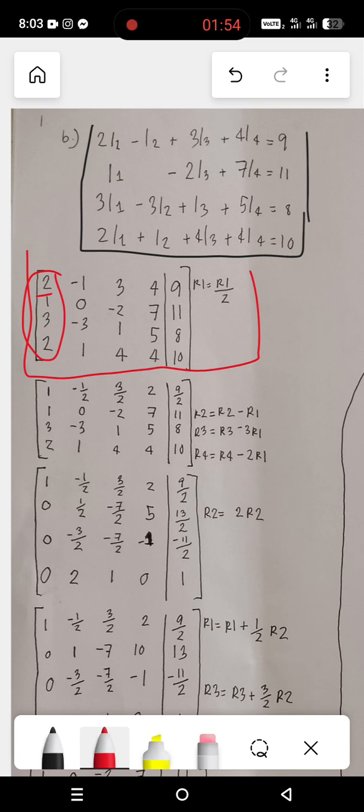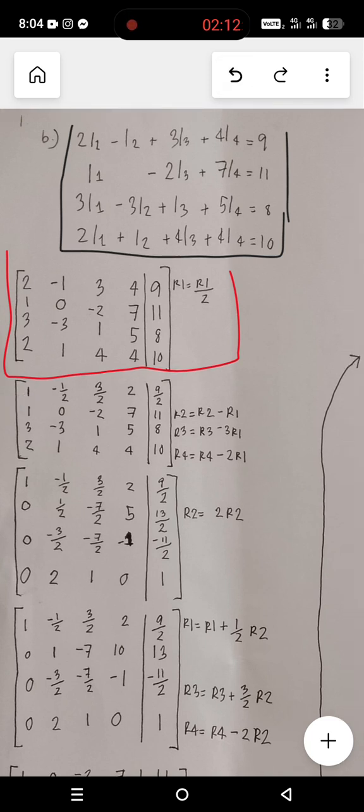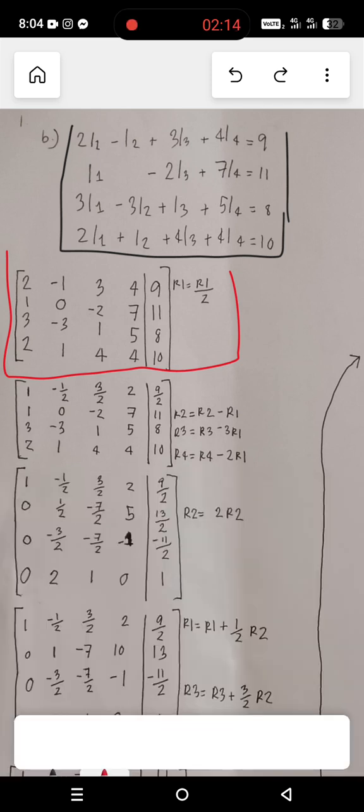In order to do that, we must divide all values in row 1 or R1 by 2, which is why we have these values. First, 2 divided by 2 is equal to 1. Negative 1 divided by 2 is equal to negative 1 half. 3 divided by 2 is equal to 3 halves.